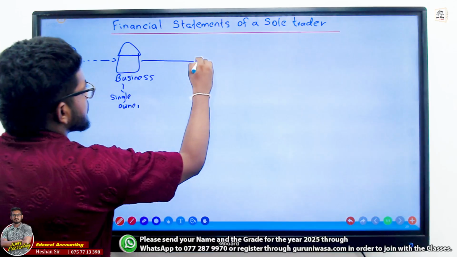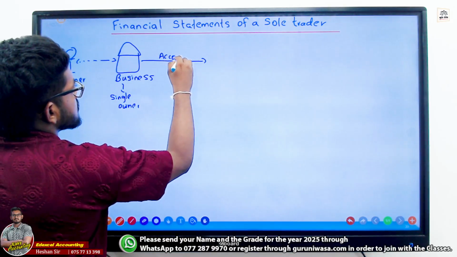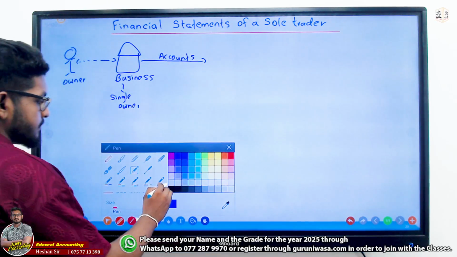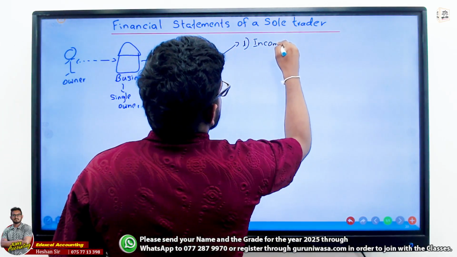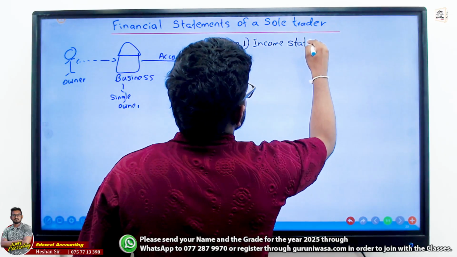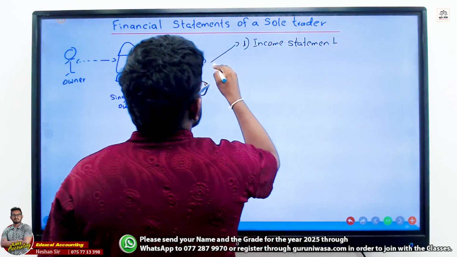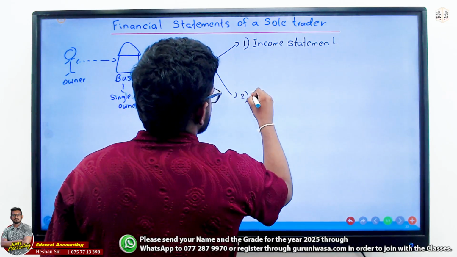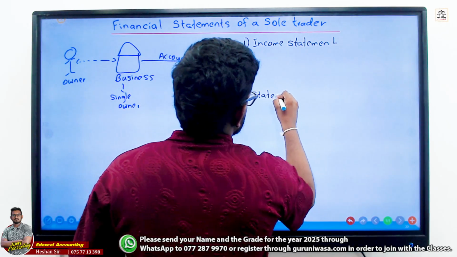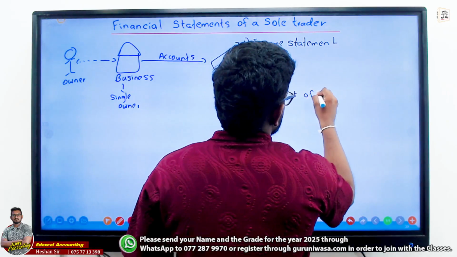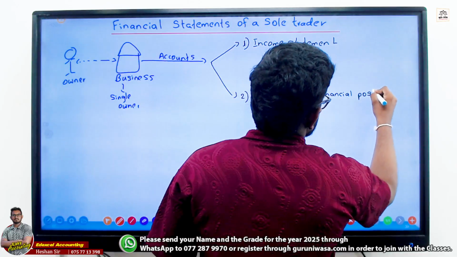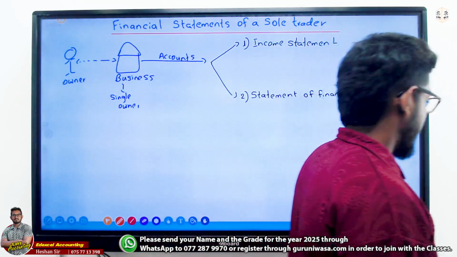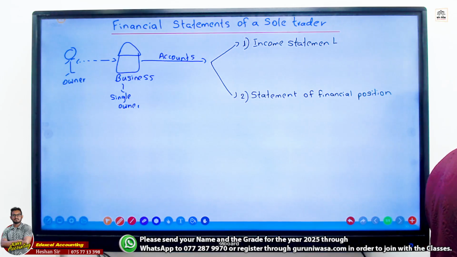If we talk about the accounts of a sole trader, we can identify two things. Number one, the income statement. Number two, the statement of financial position.